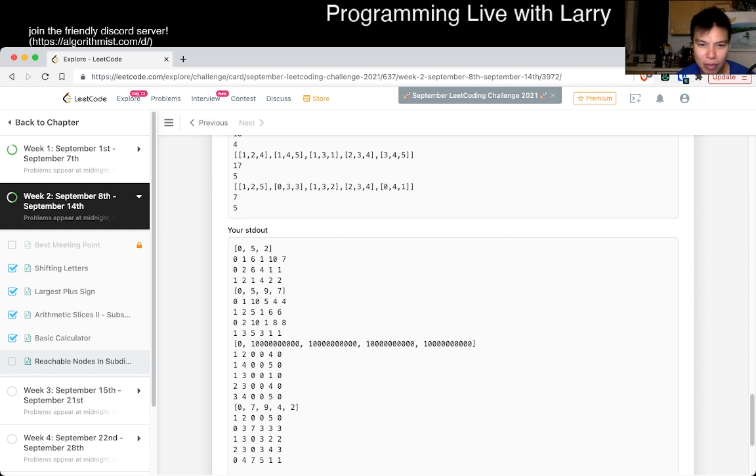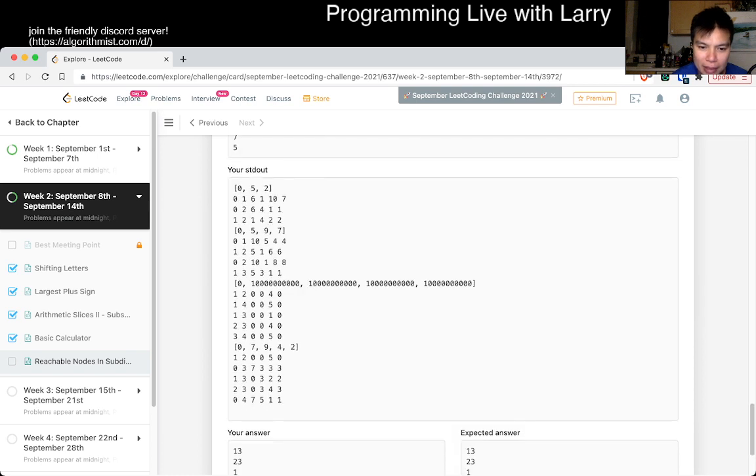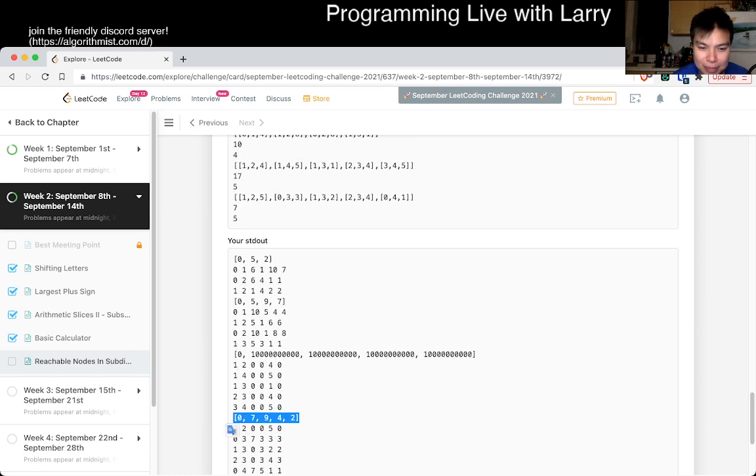Okay, 3 to 1 should be 4 plus 3, so it's 7, okay. And then 3 to 2 is 4 plus 5, so it's 9, okay. And then, did we miss anything? What is this for? Oh no, this is the 3, so I think we're good here, at least in the distance one, double checking.